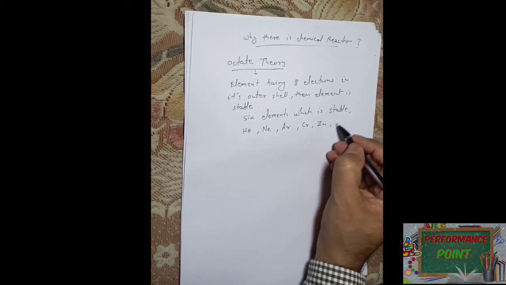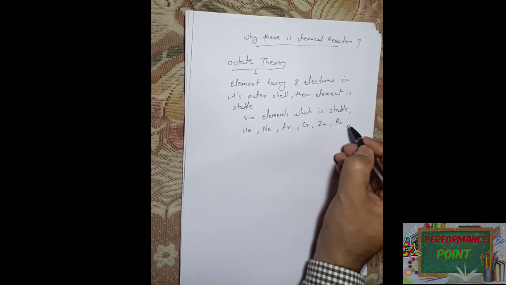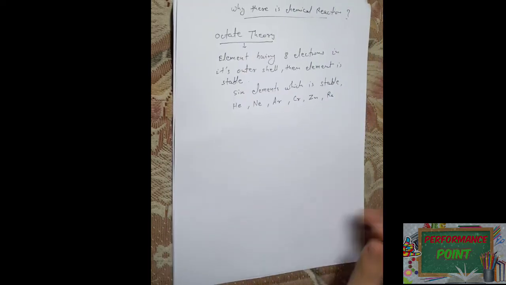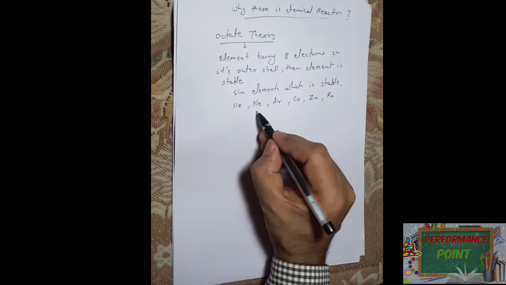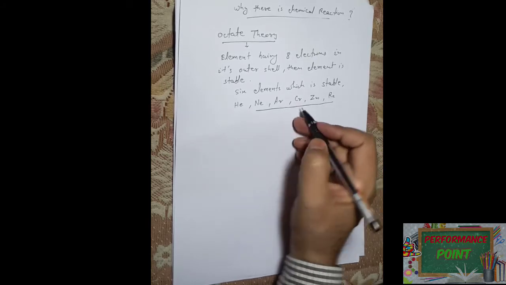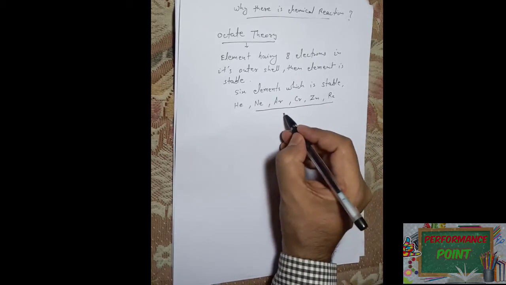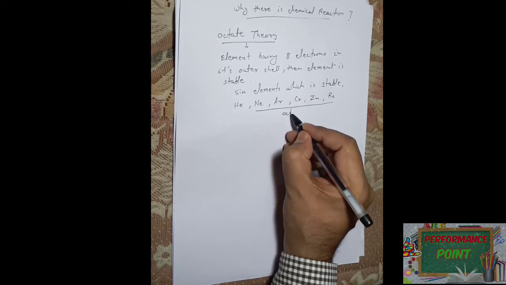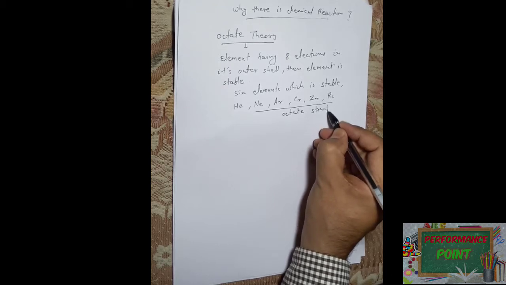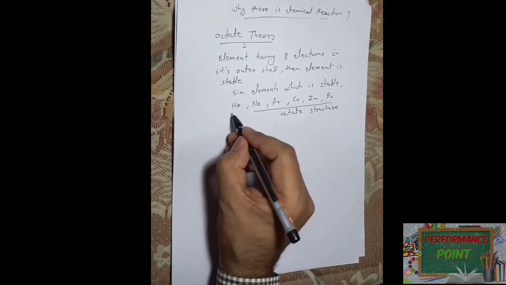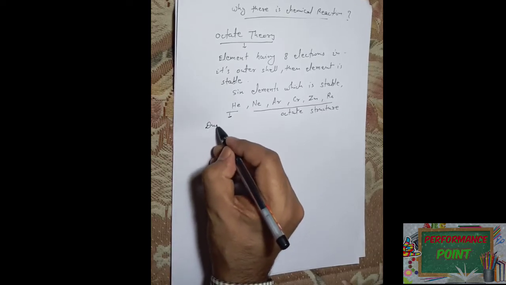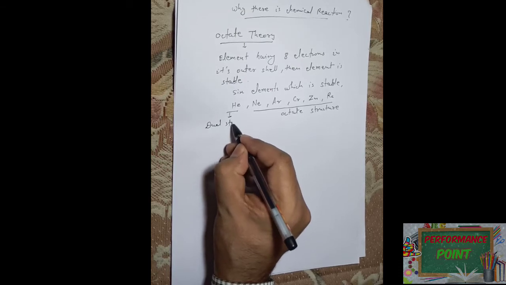One more is radon. So what we have seen, among these 6 elements, 5 have an octet structure, and this one, because it has only 2 electrons, has a duet structure.